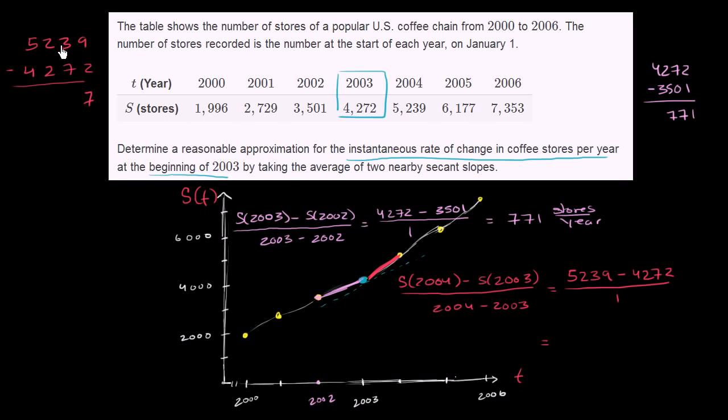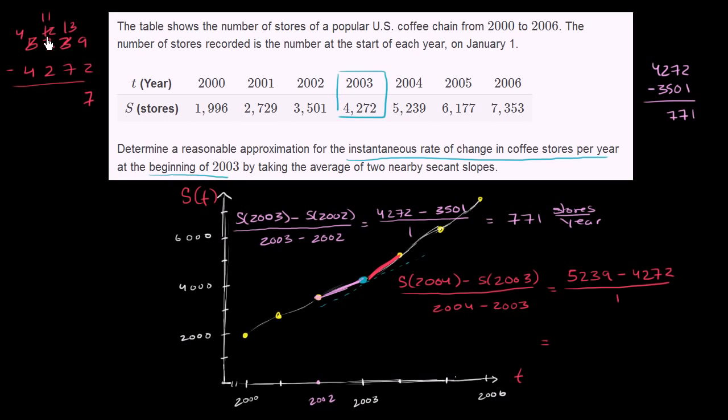Let's see, it looks like we're going to have to do a little bit of regrouping here. So let's say we take one of the thousands from the 5,000, so it's 4. And then that becomes 10 hundreds, so this becomes 1,200. And now let's take one of those hundreds and give it to the 10. So now this becomes 1,100, and then this becomes 13.